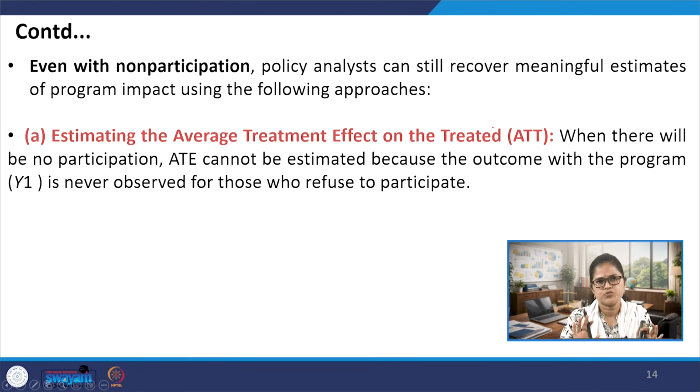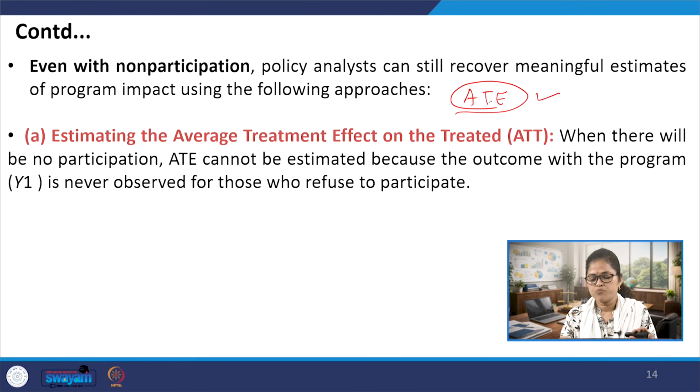So what are the approaches? At least two broad approaches can be followed by the policy analyst. The first one is known as estimating the average treatment effect on the treated. In this case we are not going to find the average treatment effect. The average treatment effect is meaningful to capture the impact of the policy or program when 100% participation or compliance is followed.